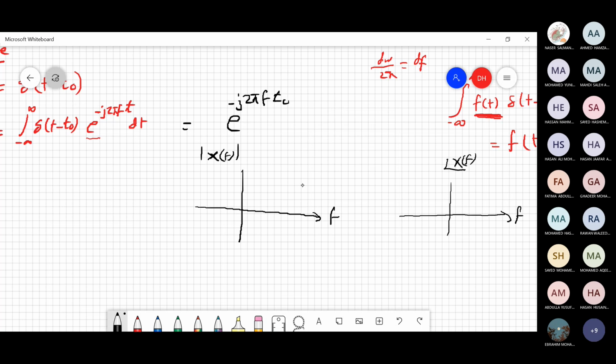Notice the following: the magnitude here is r e to the power of j theta, so whatever we have here is the magnitude. So the magnitude is always equal to 1, a constant 1.